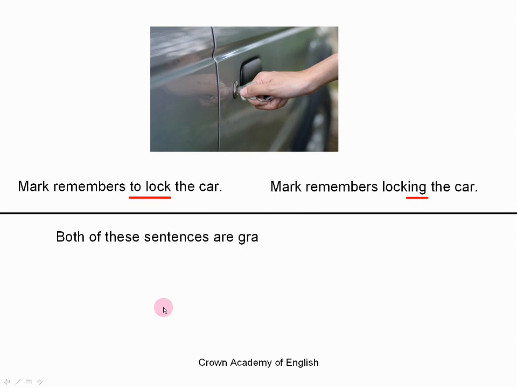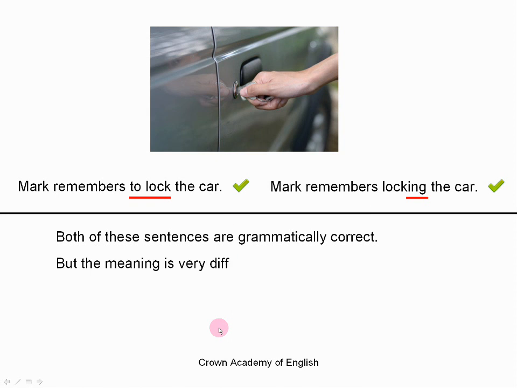Now, both of these sentences are grammatically correct. So this is correct, and this is correct. So both of these sentences are correct. They exist. But the meaning is very different.